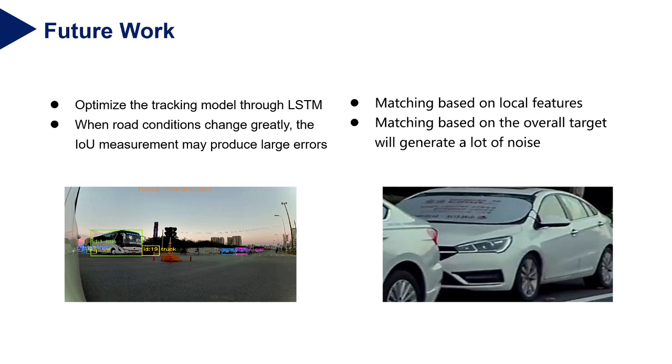We also found that due to the distortion of the camera and the occlusion of the object, a lot of noise will be generated, and the object may be blocked by another object. And we think we can consider matching based on local features.